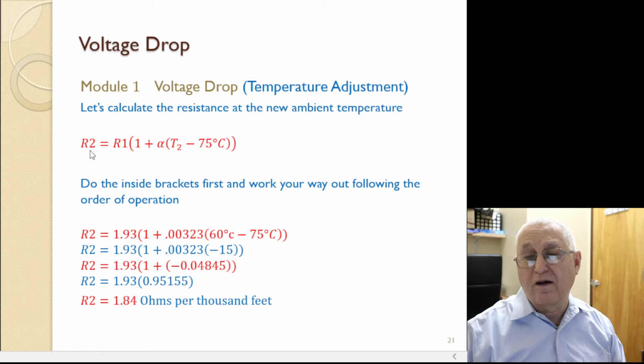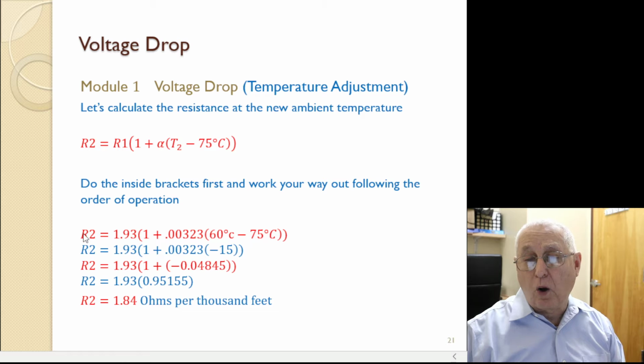So here we have R2 equals R1, parentheses, 1 plus alpha, parentheses, T2 minus 75 degrees C, parentheses, parentheses. Always do the inside brackets first and work your way out following the order of operation.